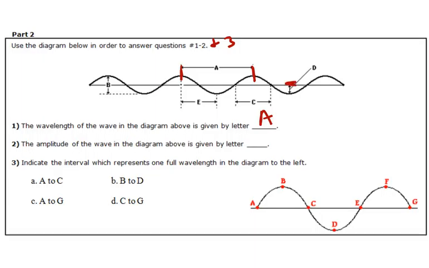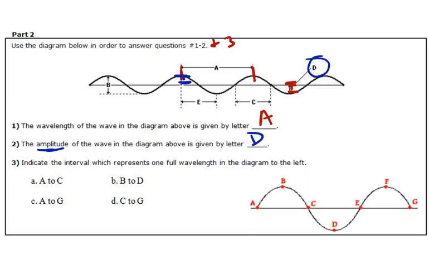So it can be from trough to the midpoint. It could also be from the crest to the midpoint, but that's not one of your options. So it's going to be D. So the amplitude is D.